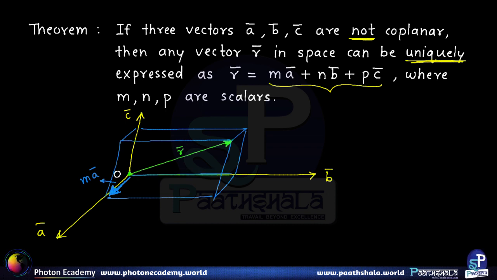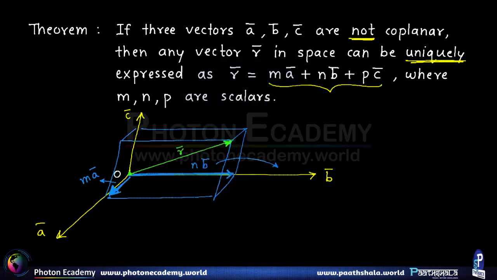Similarly, the other side as shown here can be definitely written as some another scalar multiple of b bar, because that is also collinear with b bar itself. And lastly, the third portion can be written as some scalar multiple of c bar, right?